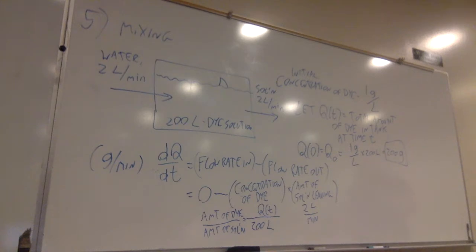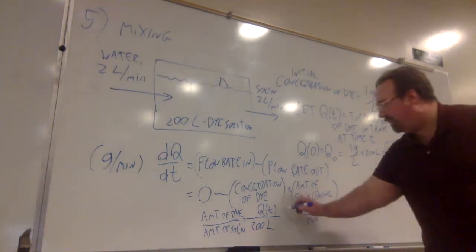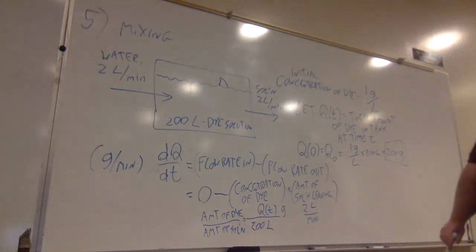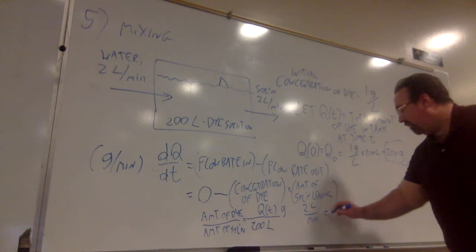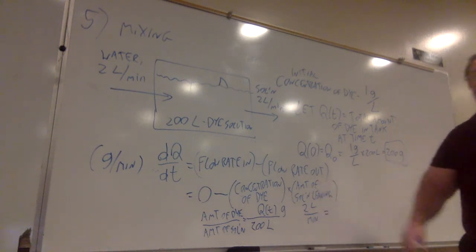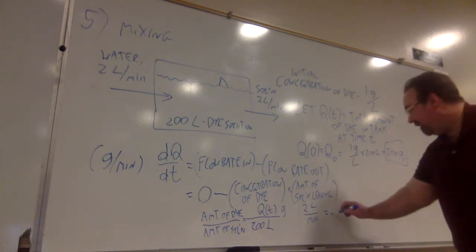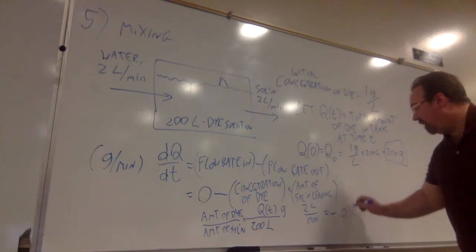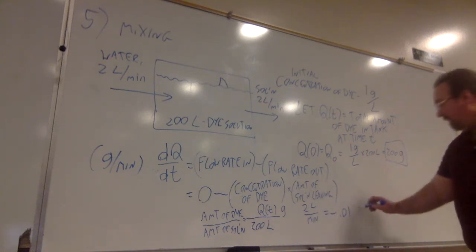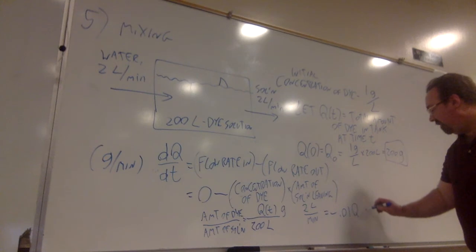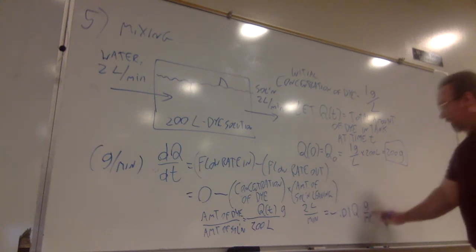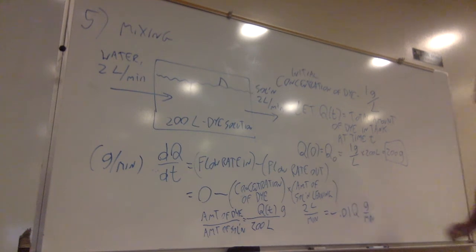So now we just work all this out, and we see Q of t is expressed in grams. I'm putting units here because it's a nice check to make sure you're on the right track in coming up with the equation. What we're going to wind up with is 2 over 200, or 1 over 100, so minus 0.01 times Q, and the units will be grams per minute, which is what we'd expect.